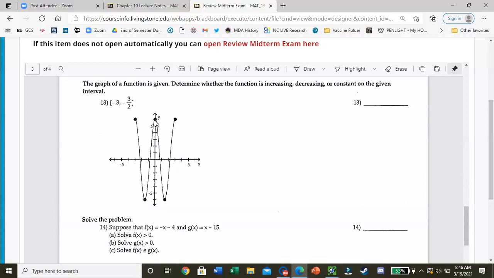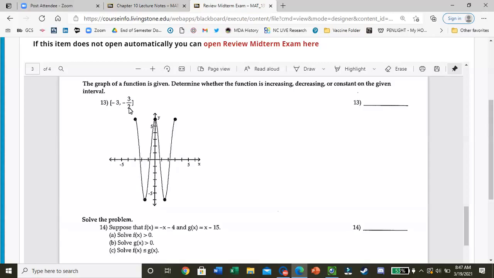Okay, graph the function given, determine whether the function is increasing, decreasing, or constant. So basically you're looking between -3 and -3 halves. So here's negative 1, -2, -3. So you're looking from here to -3 halves, which is just to the right of -1, a little bit less of a negative.